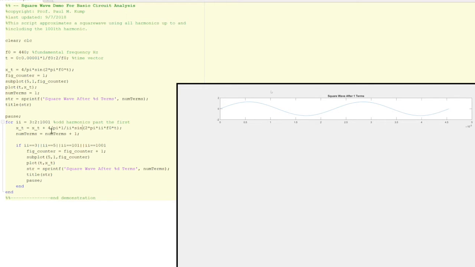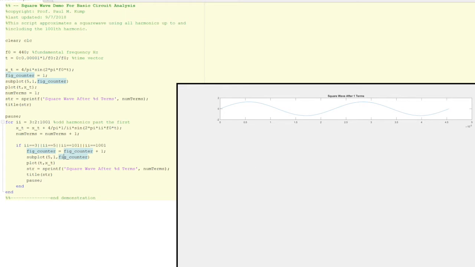Why is this 4 over pi times 1 over 3, and so forth? This is coming from Fourier's theorem. But what you do need to know is that for every loop, we add to it a new sinusoid, and that becomes our new xt. Now, when ii is 3, so the first time through the loop, I ask it to make a plot of another figure. So let's see what that looks like.